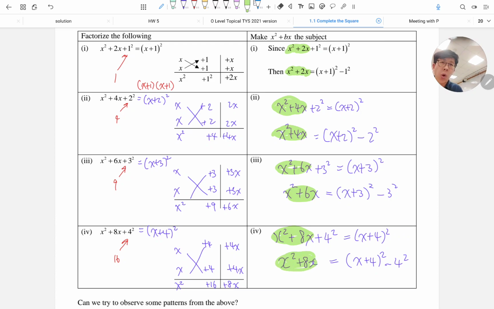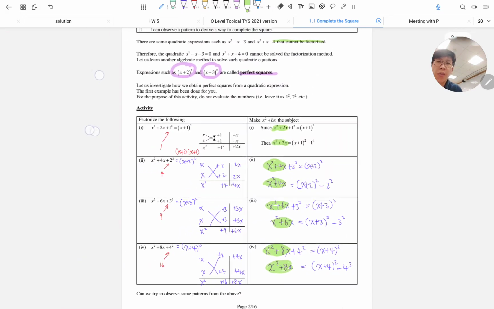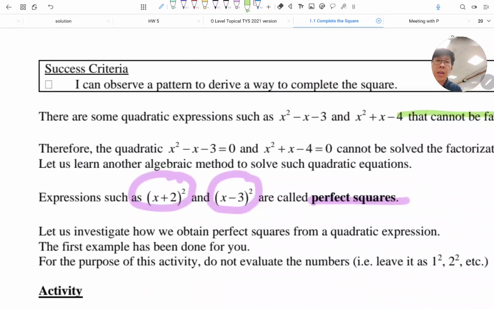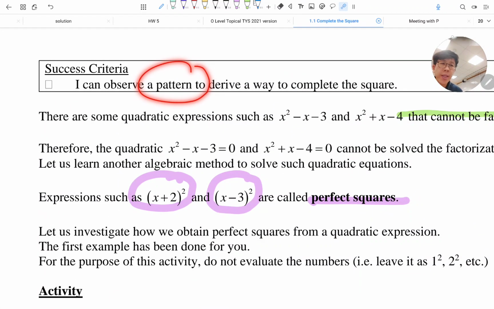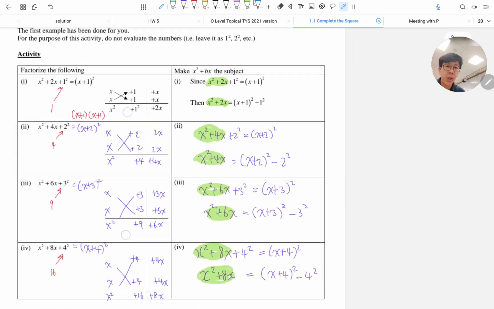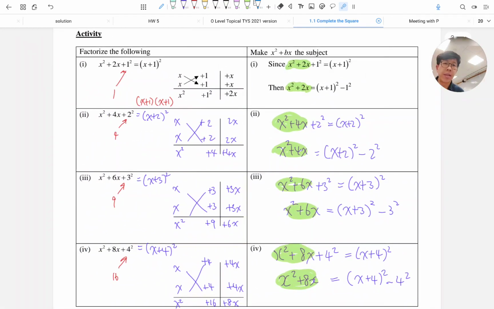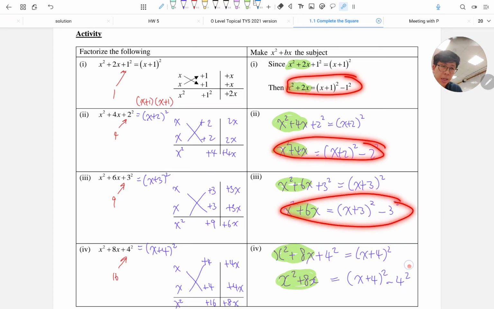Okay, so now we need to observe a pattern. Do you see a pattern on this side? Focus on this part, this part, this part, and this part.